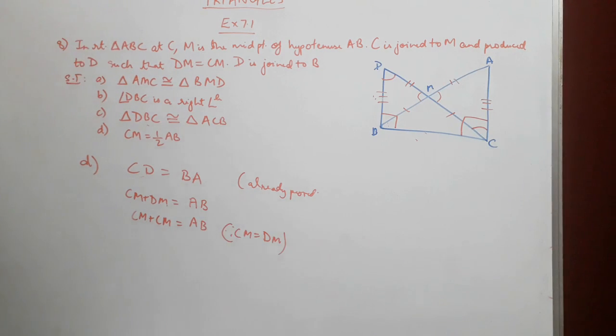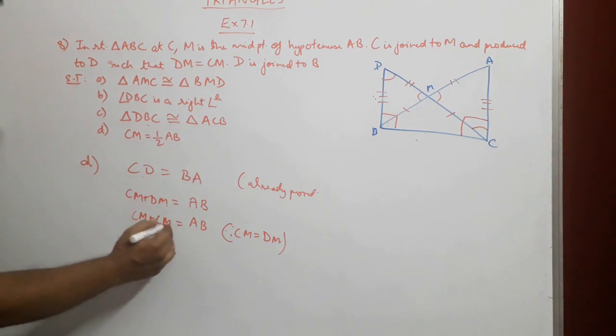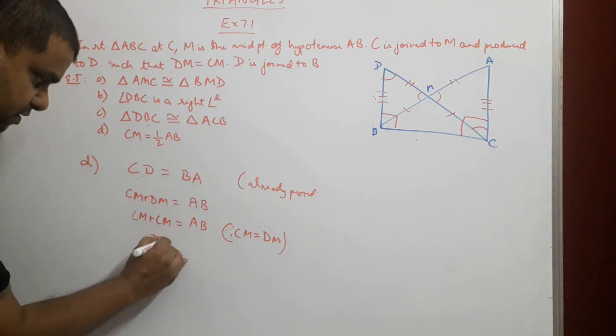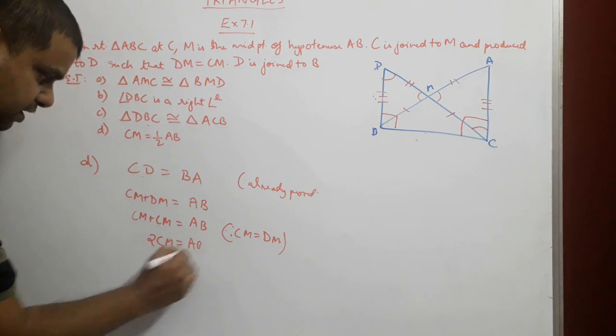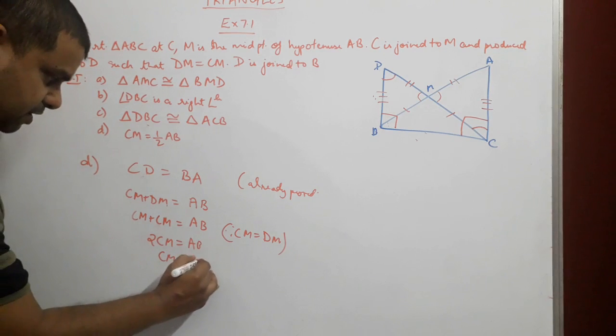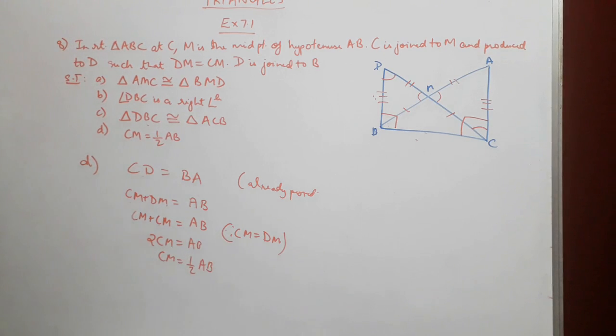Now CM plus CM gives us 2CM equal to AB. If we take the 2 down, it will become division, it will become CM equal to half AB. Hence the proof. This way we have proved the fourth part. We have shown that CM is equal to half AB.